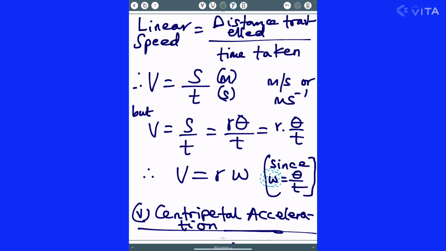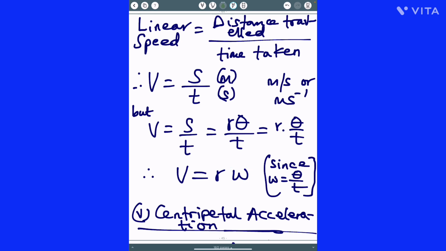Previously we said angular velocity is angular displacement over time taken. So linear velocity will now be R times W, which is radius times angular velocity. So take note of that.